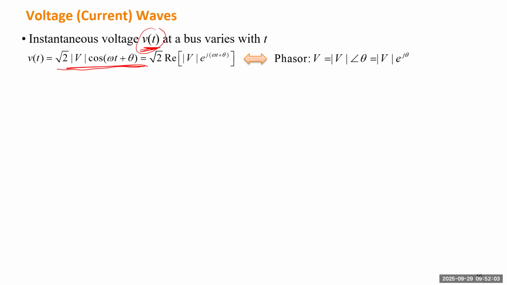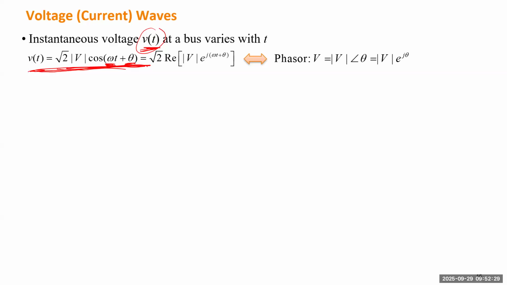So go back to the beginning of section number 2. When we introduced the instantaneous voltage, we assumed some frequency, omega, which is 377 radians per second. We also assumed some initial phase. So if we define all those parameters, then we have an accurate formula for the instantaneous voltage.